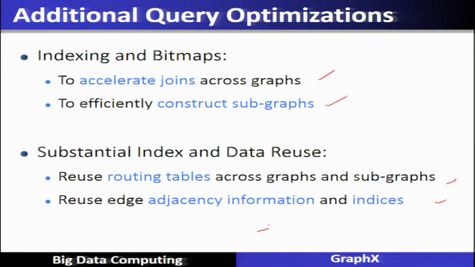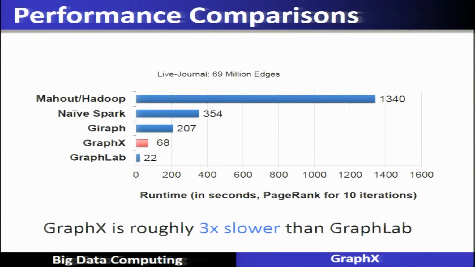To summarize, we can say that in this particular framework, that is GraphX, various optimizations are already in place, and we can exploit these optimizations to make more efficient algorithms on graphs.